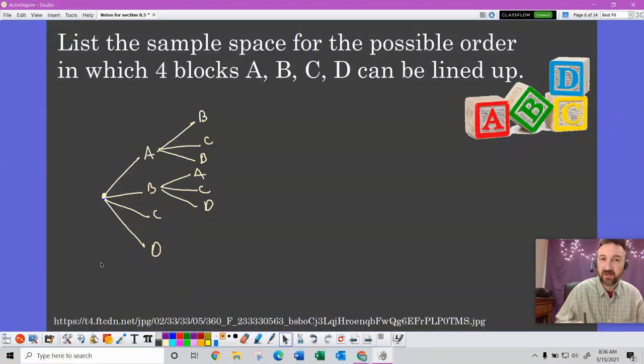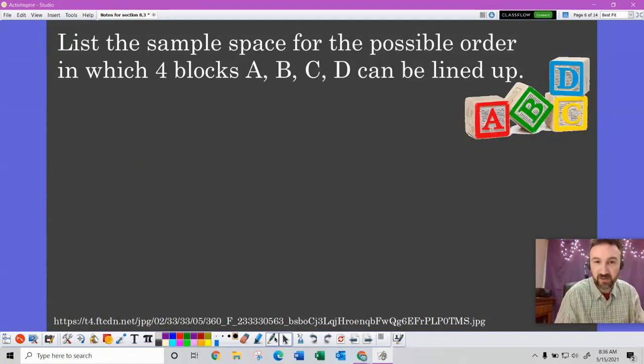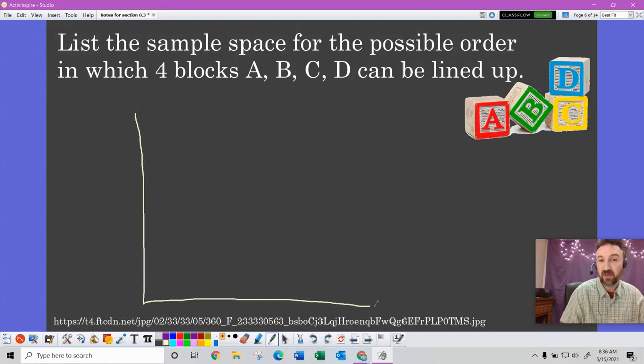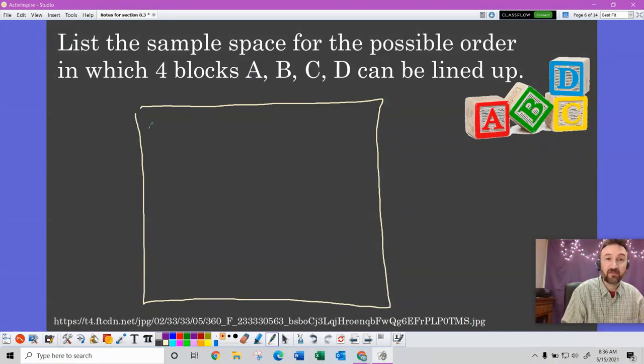So sometimes I see tree diagrams kind of spiraling off the page on student work here. And what I would hope that people would realize is that oftentimes it's a little easier to just make an area model out of that. So I'm going to organize my list of things with an area model. You can also just make an organized list of how you're going to do this.